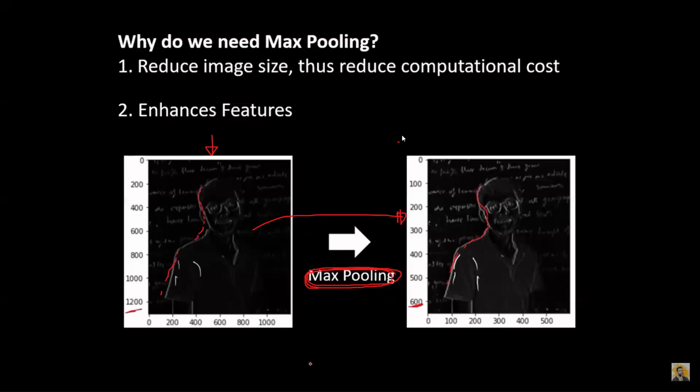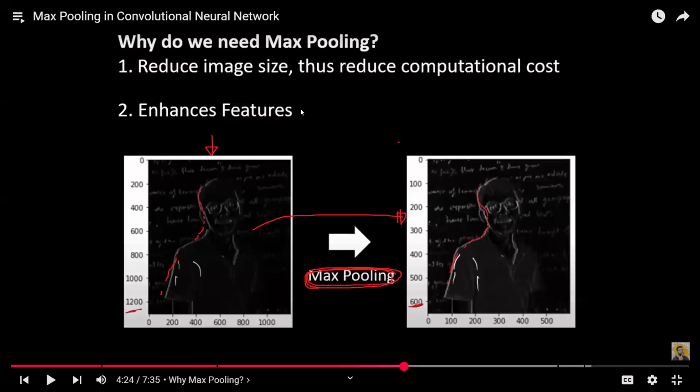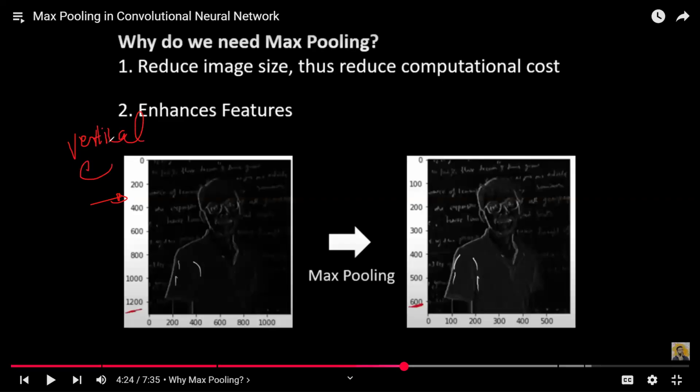Okay, so can you see, guys, this is the input image, which is convolved using a vertical edge detector, which we have discussed earlier. Now we are using a max pooling layer to reduce the size a little bit, to reduce the computational cost.